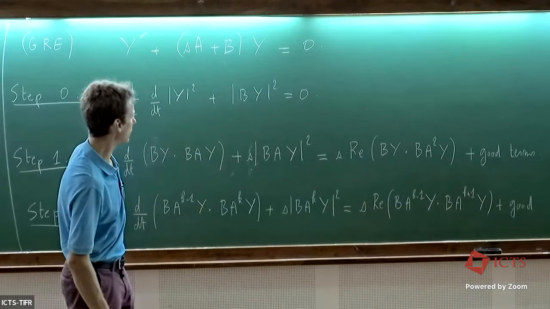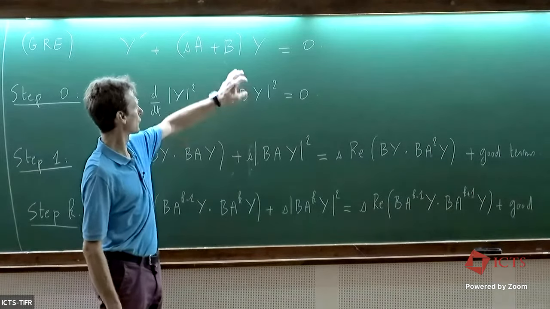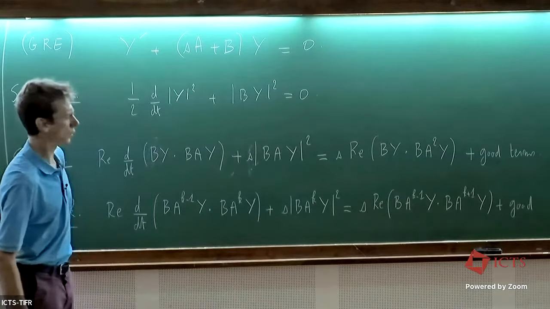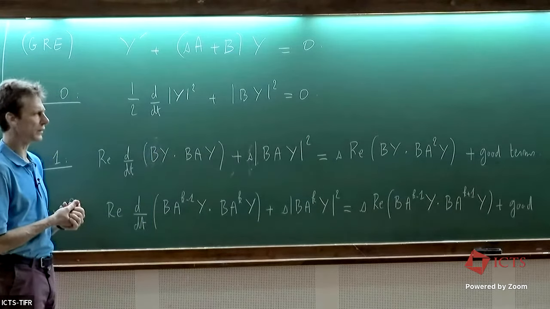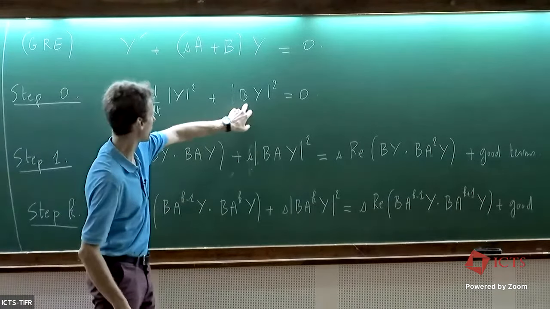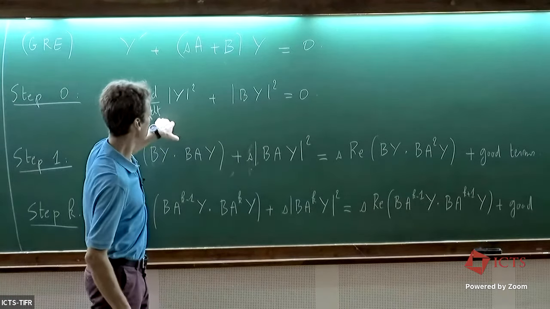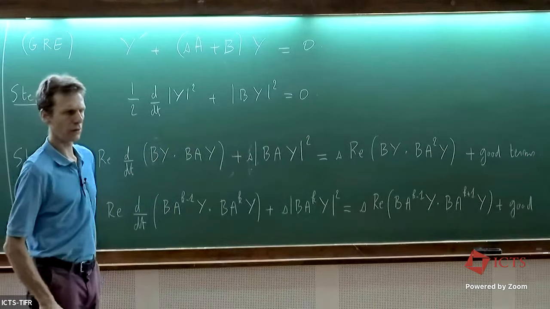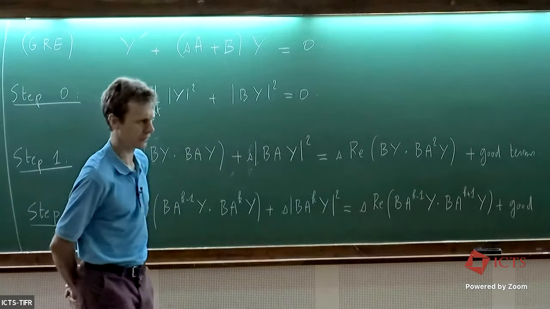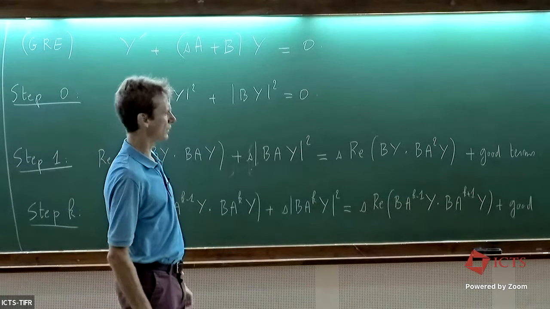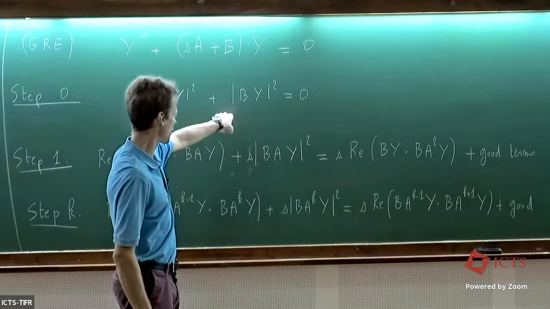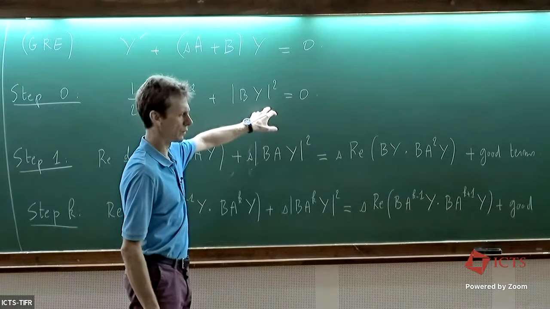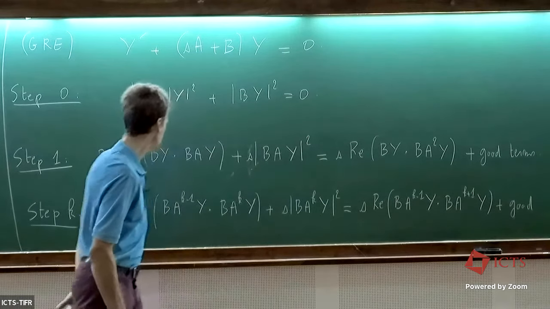And the second one is that you have some inequality from below for B. So if B is positive definite, then it's good because then it's equivalent to Y, and this gives exponential decay in time. But this is not the situation I am interested in. I am interested in the situation where there is some degeneracy, so that you cannot bound this from below by a constant times Y square.